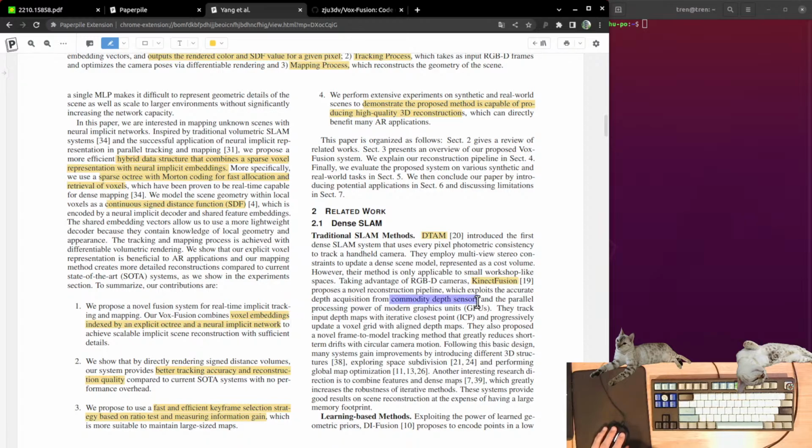Commodity depth sensors. Iterative closest point. This is a very old computer vision strategy for aligning things.